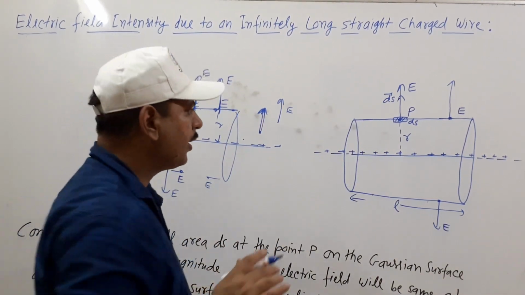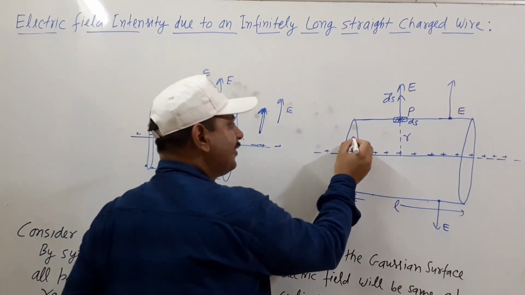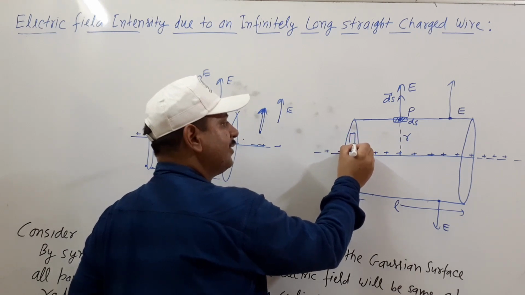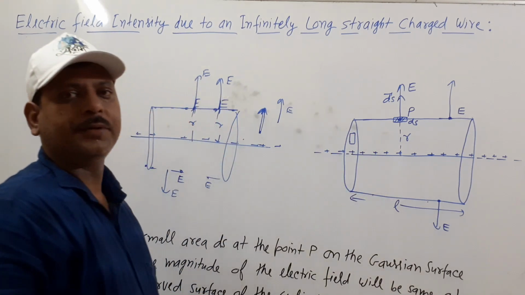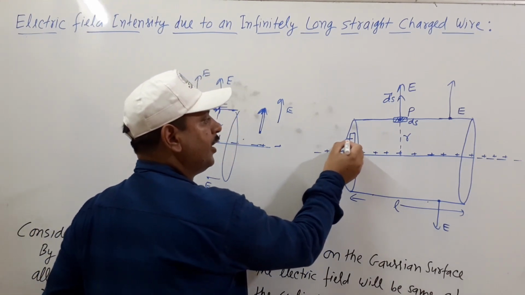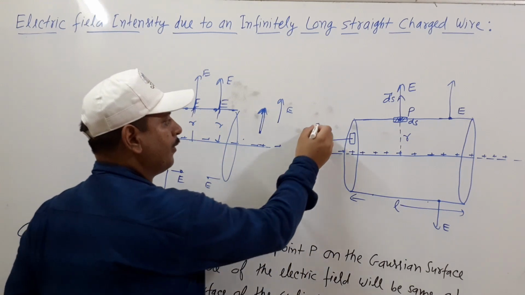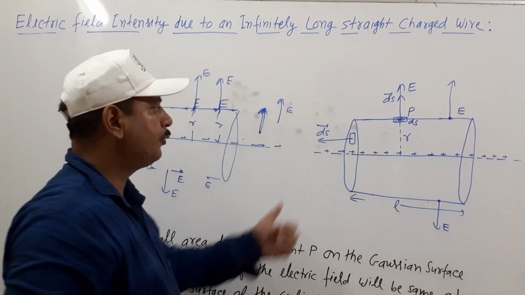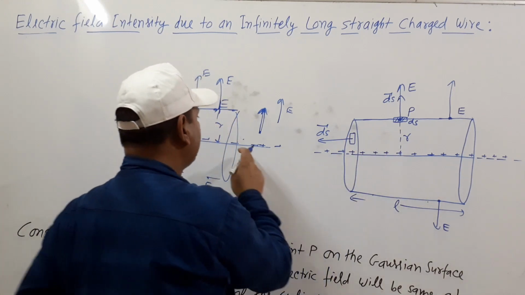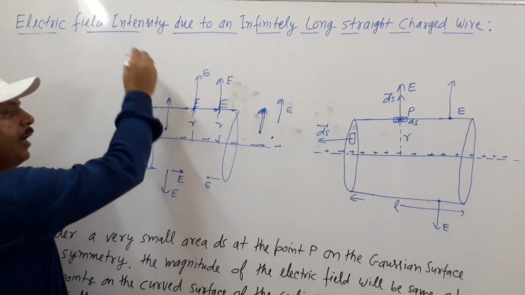But when we talk about this plane surface end, if we are considering any area at this end cap, plane surface, the direction of the normal vector will be perpendicular to the plane, or normal to the plane, and the direction of electric field I have shown here. At any point, the electric field will be radially outward.